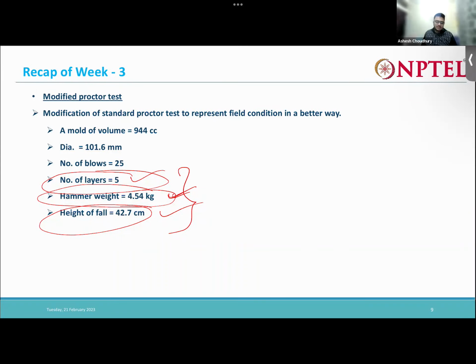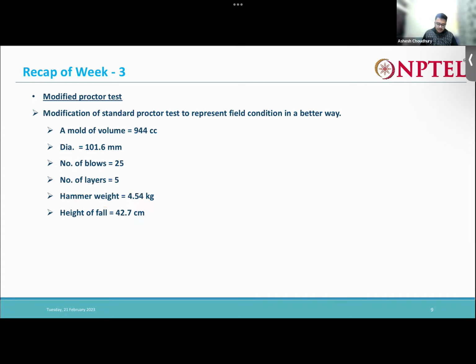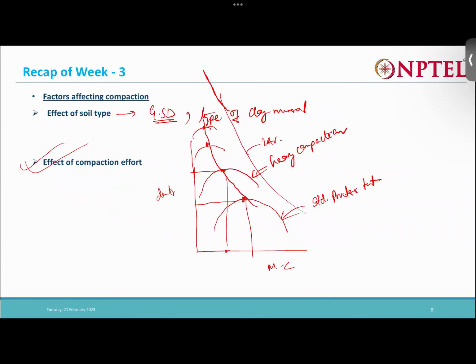In the modified Proctor test there are 5 layers, right? So hammer weight has also increased, the height of fall has also increased. So if this is the graph for my standard Proctor test, then my modified Proctor test will somewhat look like this. It will be shifting towards the left and up.